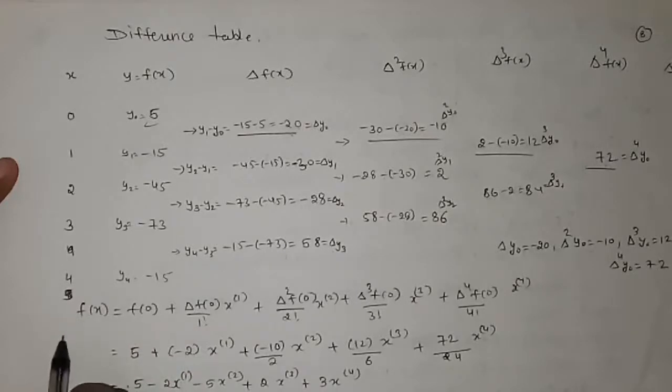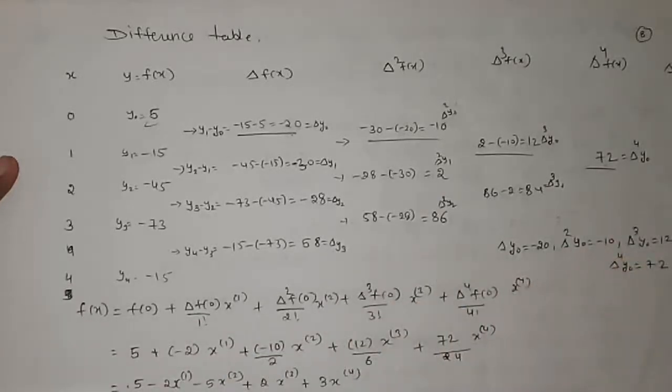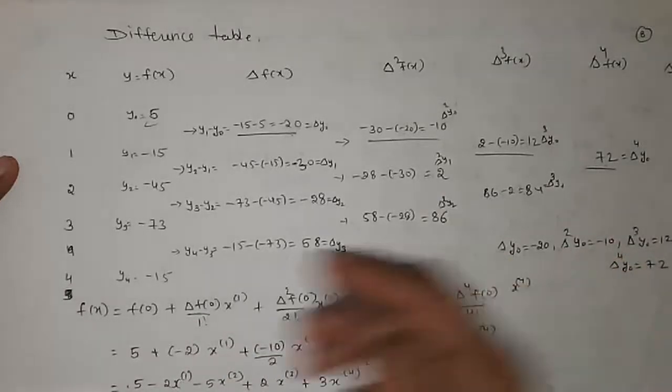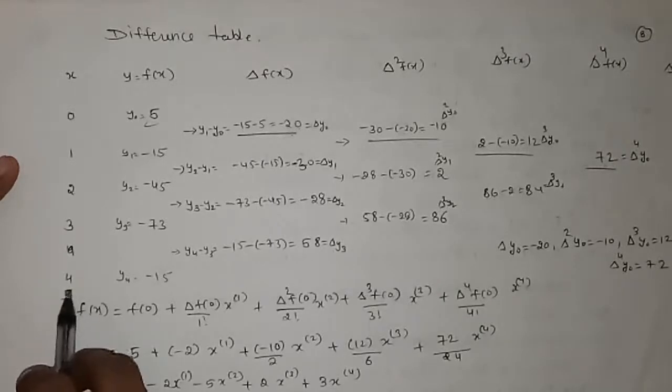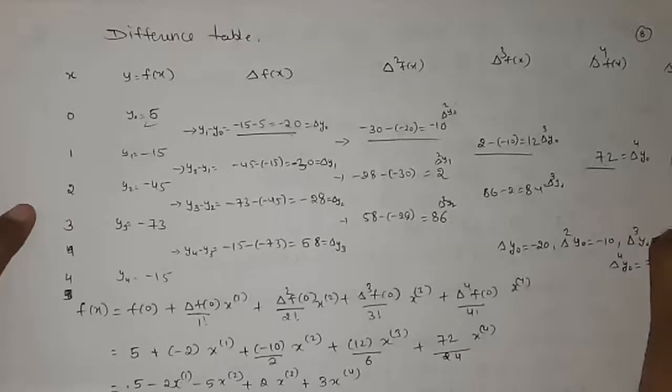If I take 5 also, then the answer remains the same, but one calculation will increase. So instead of doing one more calculation, it is better to solve up to this point only, because we will calculate up to the value where we are not getting the answer as 0. So I know that my fifth difference will be 0. So instead of doing all calculation, I have taken x is equal to 4.